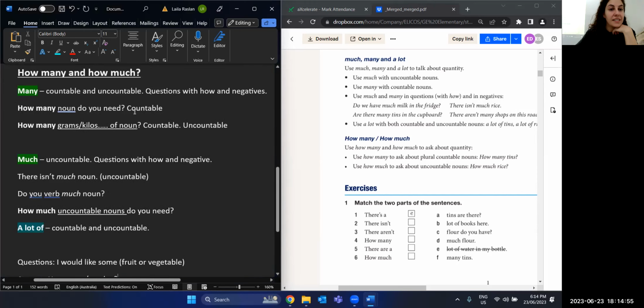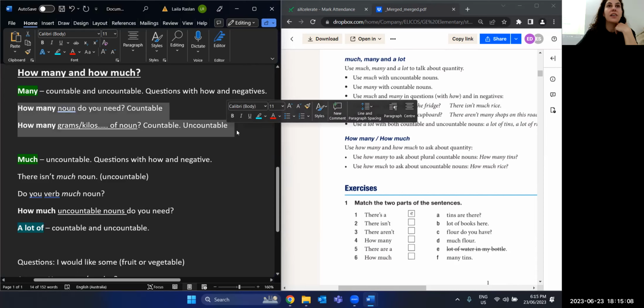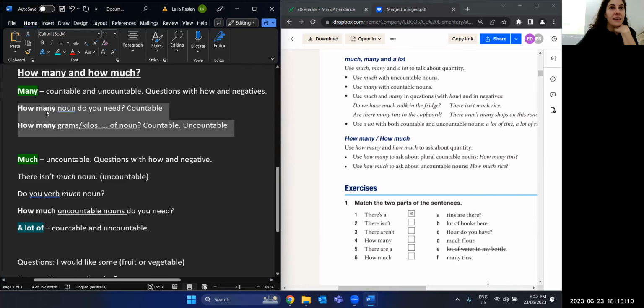So strawberries is countable because I can say 2 strawberries, 3 strawberries, 5 strawberries. Remember, we do not use much with countable. So how are you going to ask her? How many strawberries?